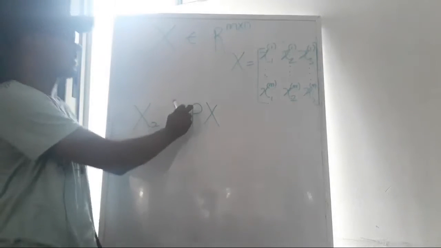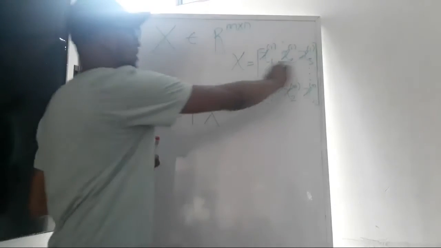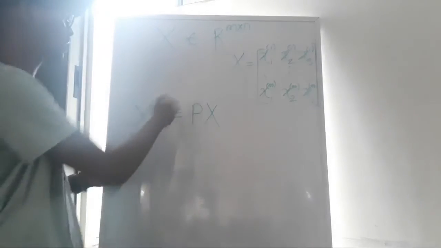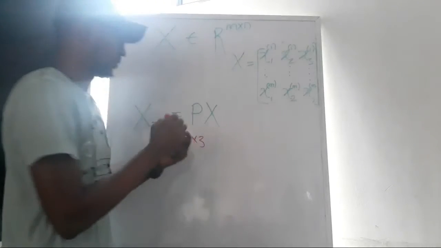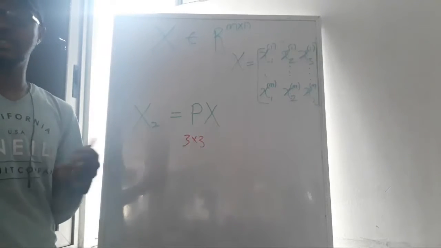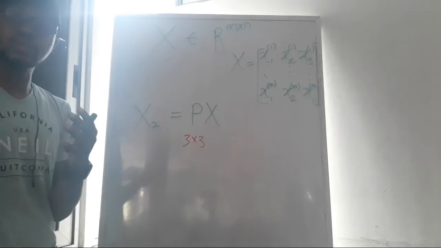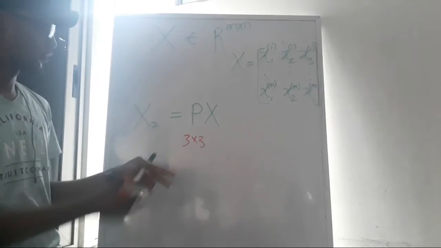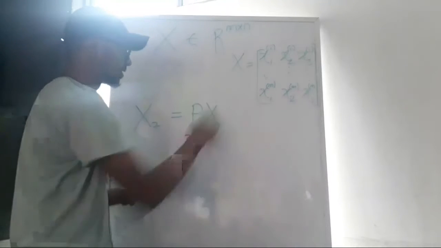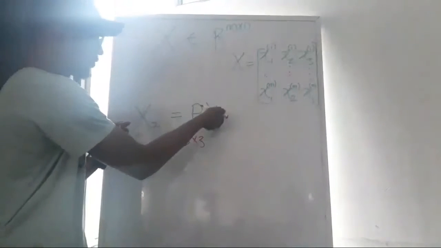Having 3 features means that your matrix of eigenvectors will be of size 3 by 3, because you are going to find a covariance matrix, and that covariance matrix will be of size 3 by 3. Then when you do the decomposition, you get a matrix of eigenvectors of size 3 by 3, which is this P. Then you apply a transformation with this P on your feature matrix. So you just have a dot product of this and your feature matrix.